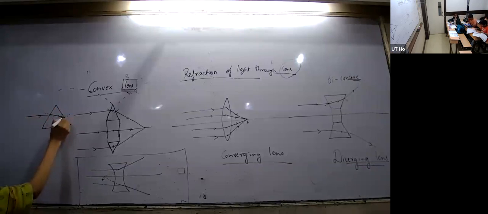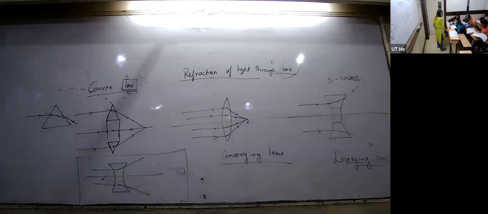Show the normal and then again show the bend away from the normal. What happened? Done, ma'am. All right. After the refraction, bend the ray a little, because the diagram is small right now.